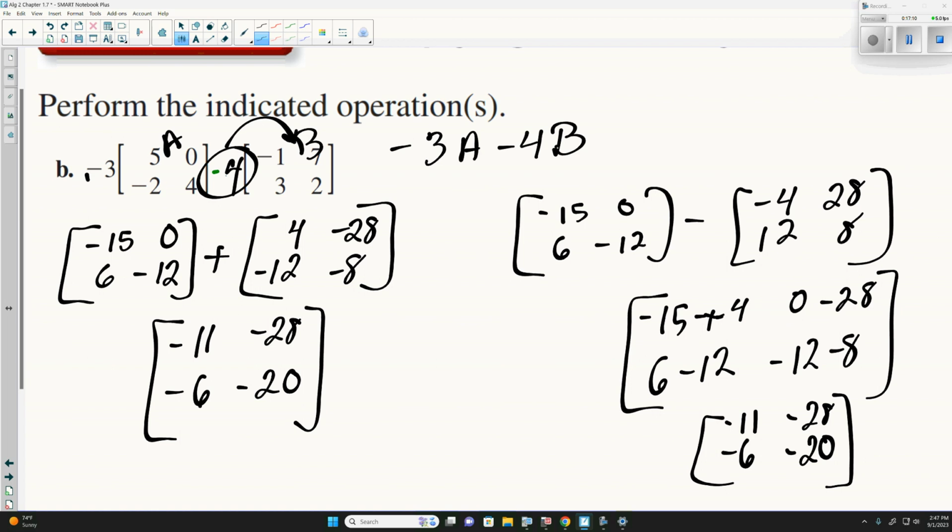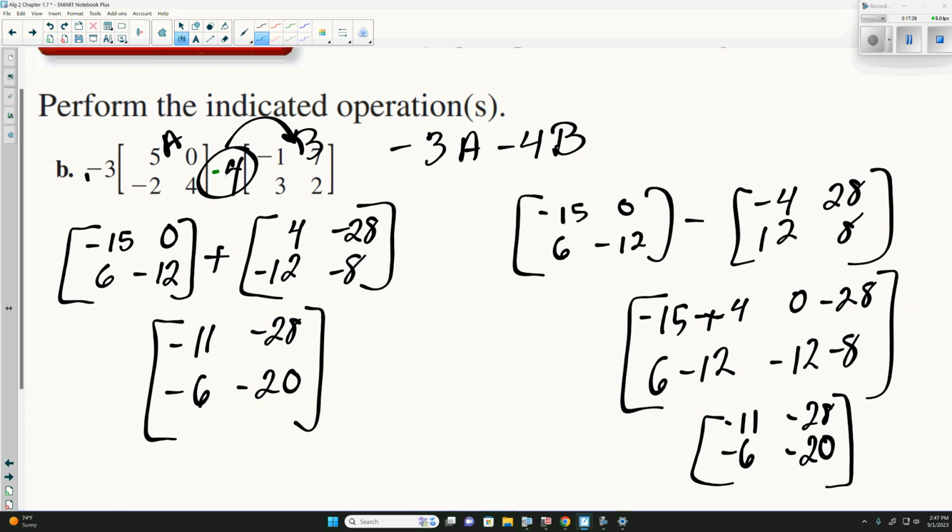Does that make sense? We can either choose to apply the negative and the 4 and then combine what we get, or just apply the 4 and subtract. It's one or the other.